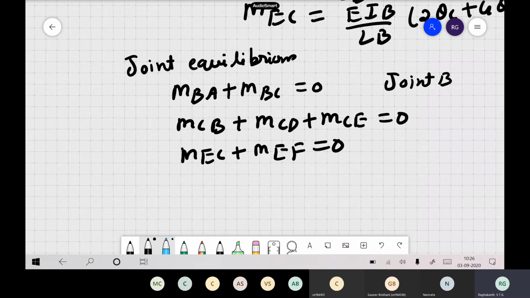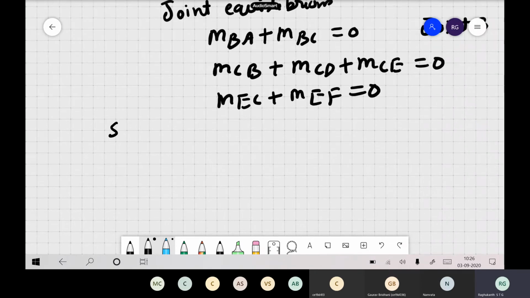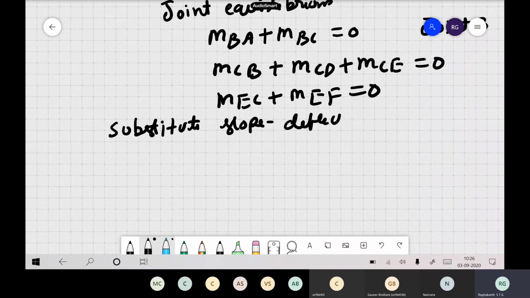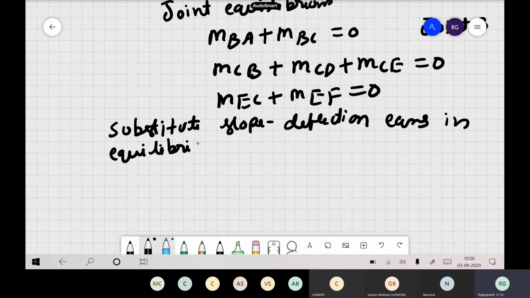Now you substitute all your slope deflection equations in these joint equilibrium equations. So finally you will have 3 unknowns and 3 equations. You will get a matrix like Ax is equal to 0.